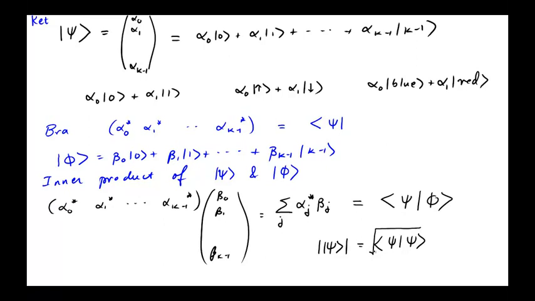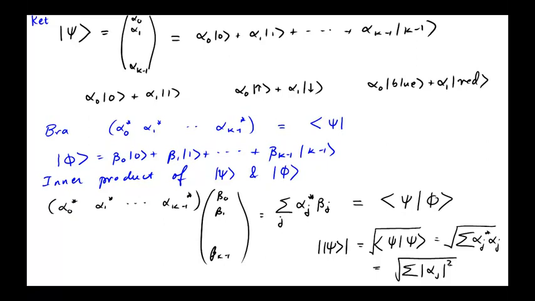What would that end up being? It'll just be the square root of the summation of alpha_j star alpha_j, which is of course the square root of the summation of the magnitude of alpha_j squared, and that's our usual notion of the length of the vector.